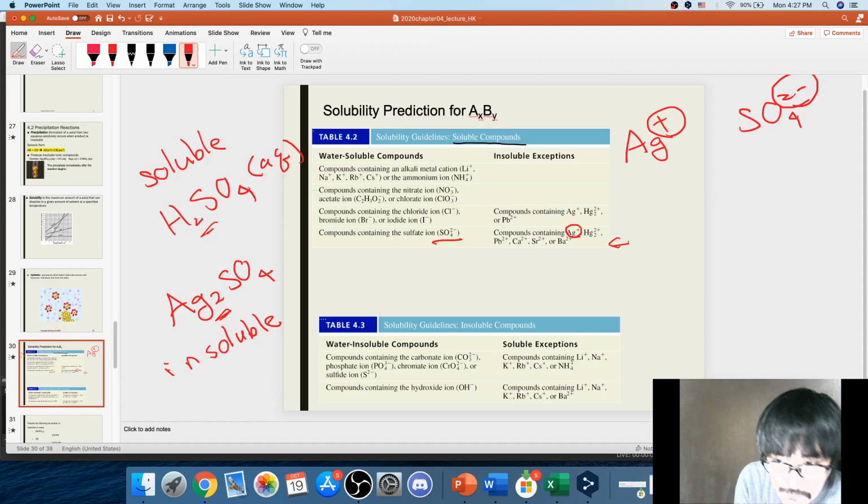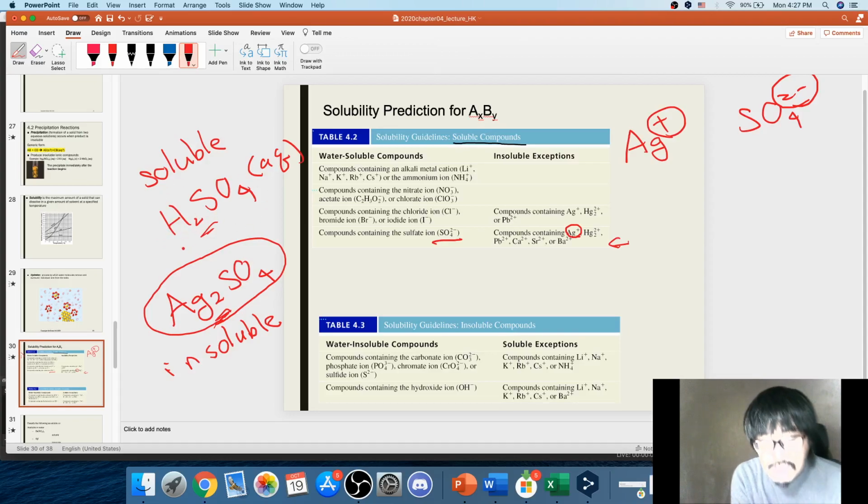So you need 2 Ag plus to neutralize this SO4 2 minus. That's why I have 2 here. Same goes with H2SO4: SO4 2 minus, so you need 2 of those H plus to cancel out the charges and make it neutral. I hope that makes sense.